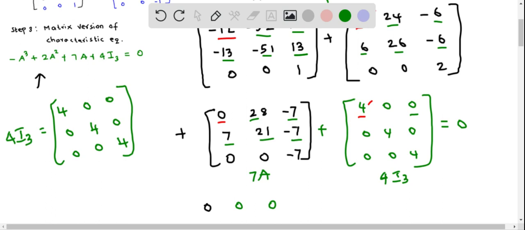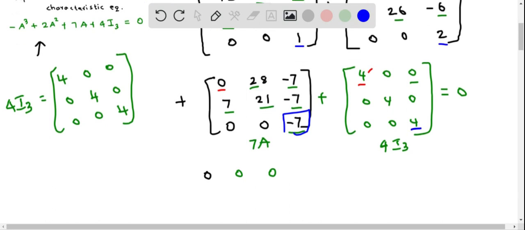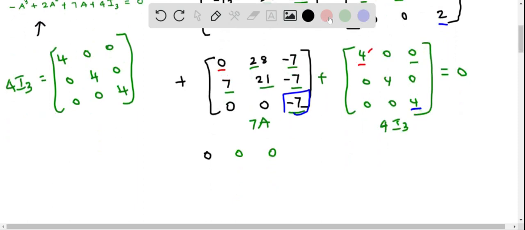And finally, for the last row of elements, we just have to consider only this last element, because the first two elements are 0 in each of the matrices. So here we have 1, 2, 3, 3 plus 4 is 7, 7 and negative 7 is 0. So we can clearly see that we get all zeros, and this equals 0.